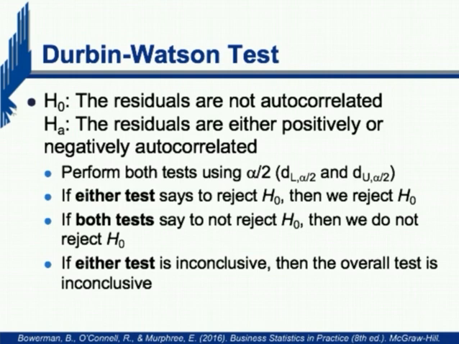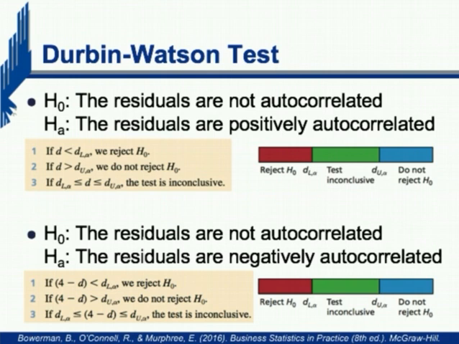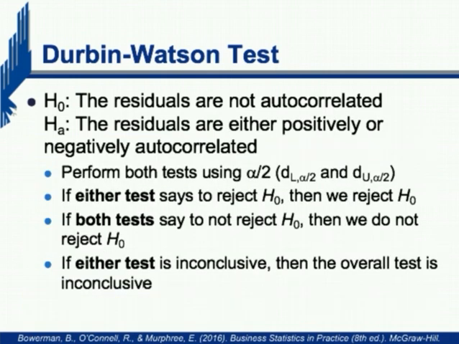The third test is a combination of the two. So we can perform a test for positive and negative autocorrelation at the same time by looking at D and 4 minus D. In fact, we have to perform both tests in order to perform this specific test. Here we perform both tests for positive and negative autocorrelation, and then the interpretation will depend on the results of those two tests.